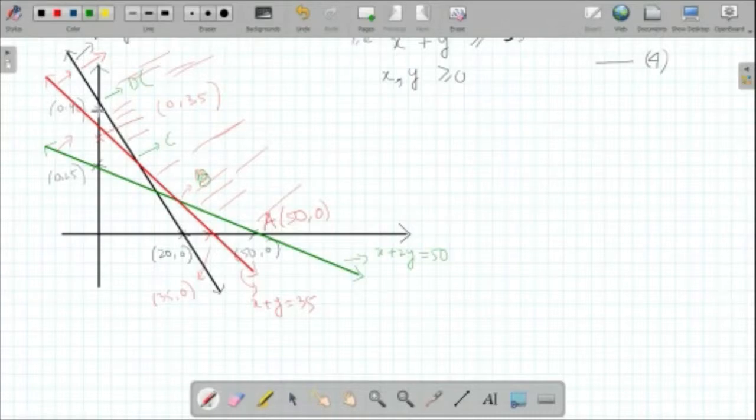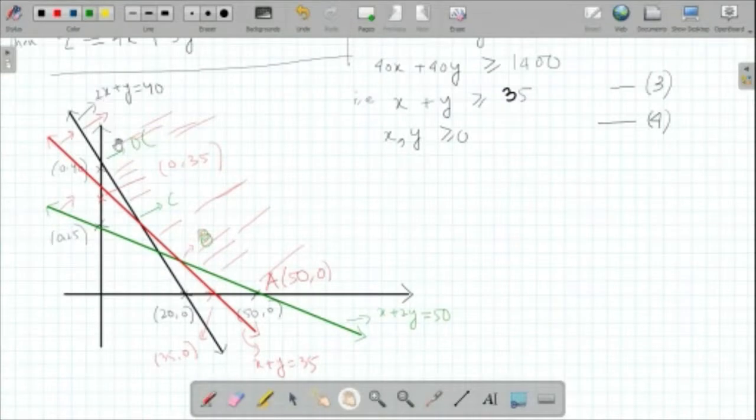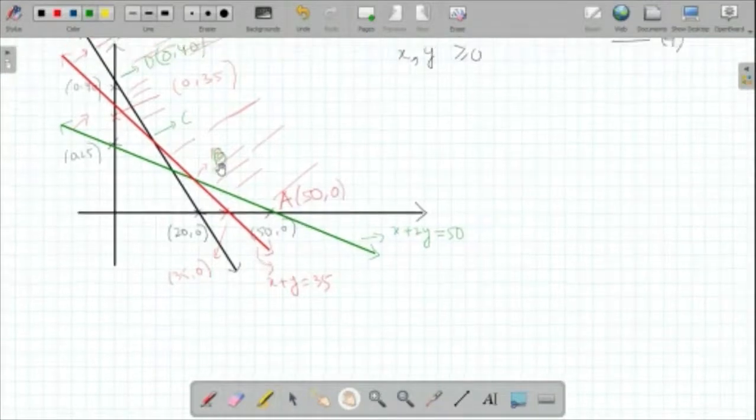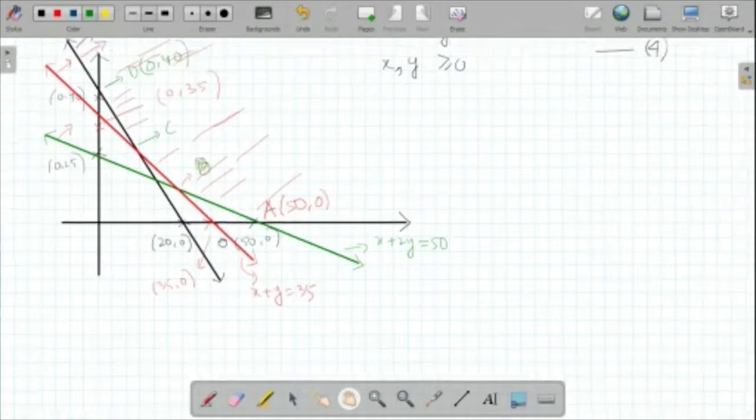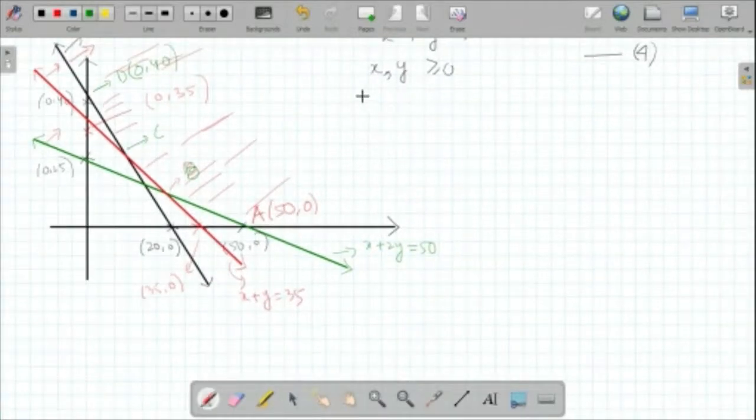D we know. What is the coordinate of D? From the equation, it is 0, 40. So we need to find 2 points: one is B, another one is C. Now A, B, C, D are the corner points.